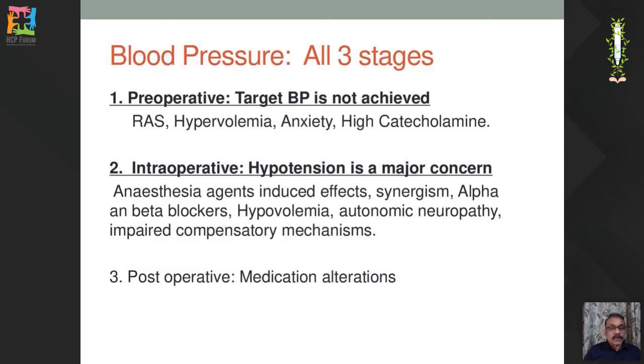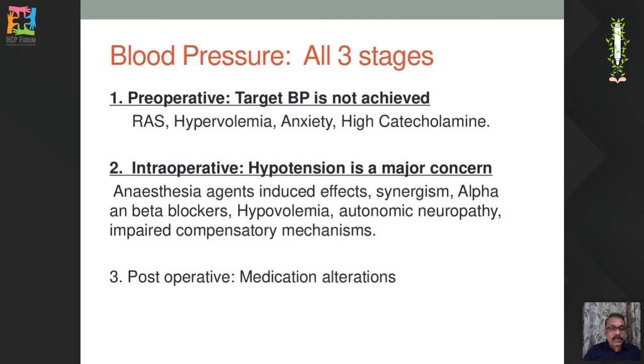Anesthesia-induced hypotension can be because of multiple things. The patient is dialyzed or hypovolemic. They are more sensitive to anesthetic agents. There is synergism between blood pressure medication and anesthetic agents. There is autonomic neuropathy and impaired compensatory mechanisms.